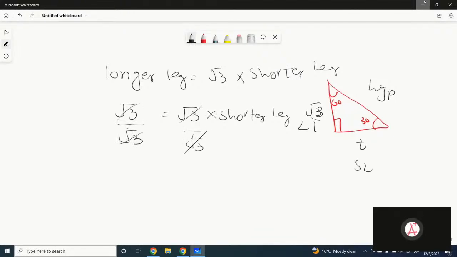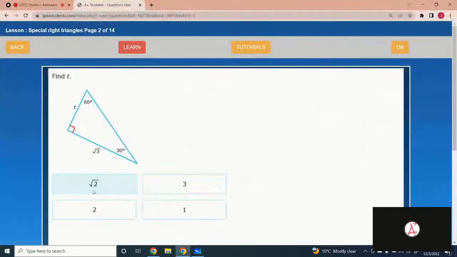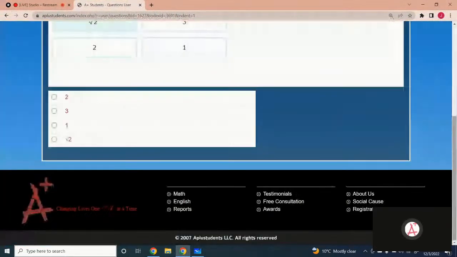Here it cancels, it will be 1. That means the length of the shorter leg is 1. Got it? So the correct option for this one is 1. Just select the correct option, then click on the OK button. Got it? It would be 1.